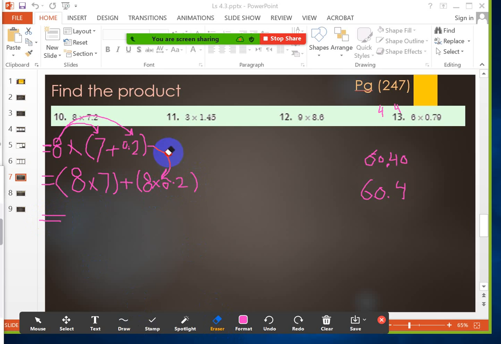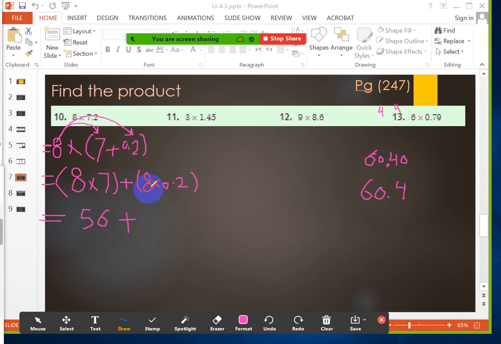Yes, Emma. 8 multiply 7 equals 56. Very good. This is the answer for the first parenthesis. Plus 8 multiply 0.2, which is 1.6. Excellent.